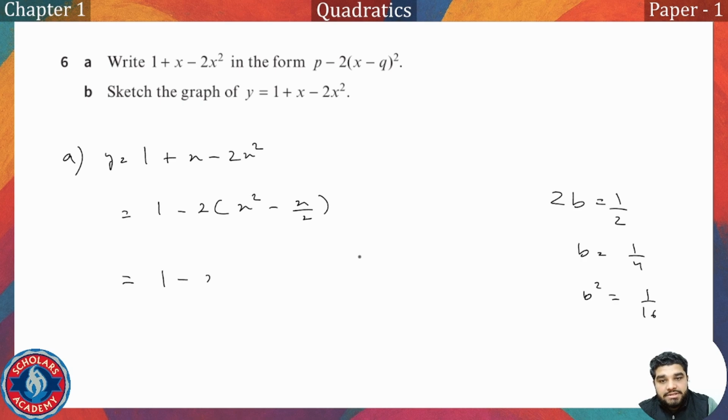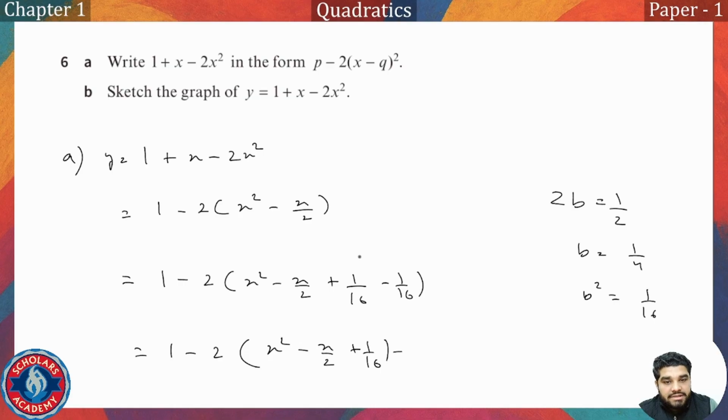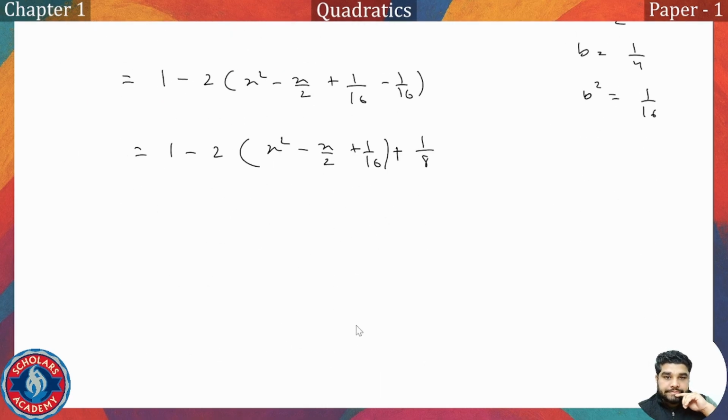We get 1 minus 2 times x square minus x by 2 plus 1 by 16 minus 1 by 16, which is equal to 1 minus 2 times x square minus x by 2 plus 1 over 16 minus 1 over 8, and minus minus becomes positive. So this is 1 over 8.